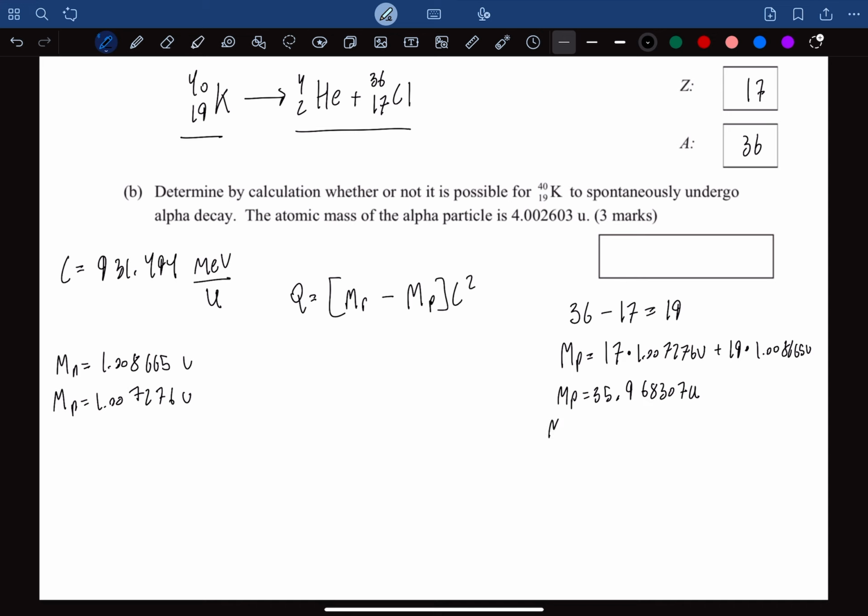The mass of the alpha particle is 4.002603 U.